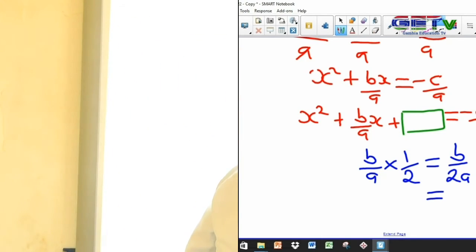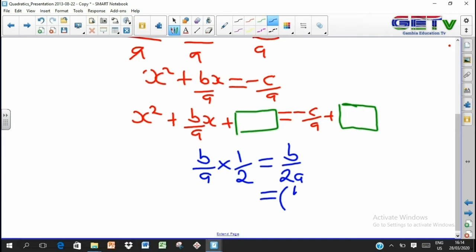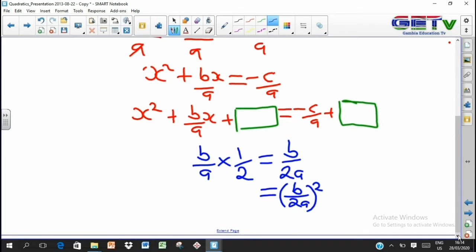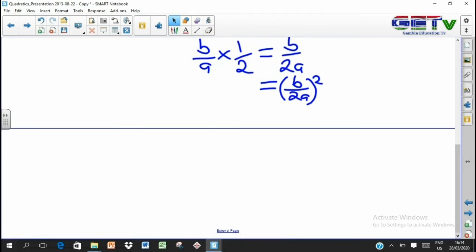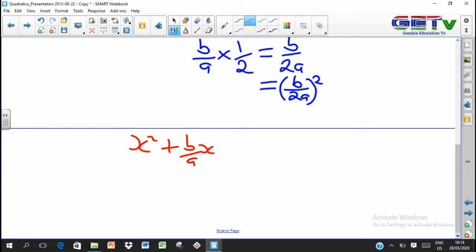So this is going to be equal to, taking the result, which is b over 2a, we are going to square this. And since this is the number that we obtain, which is supposed to be added to the two boxes that I created, this will give us something like x squared plus b over a x. Now we are going to add this into those two boxes that I wrote, both on the left and on the right.